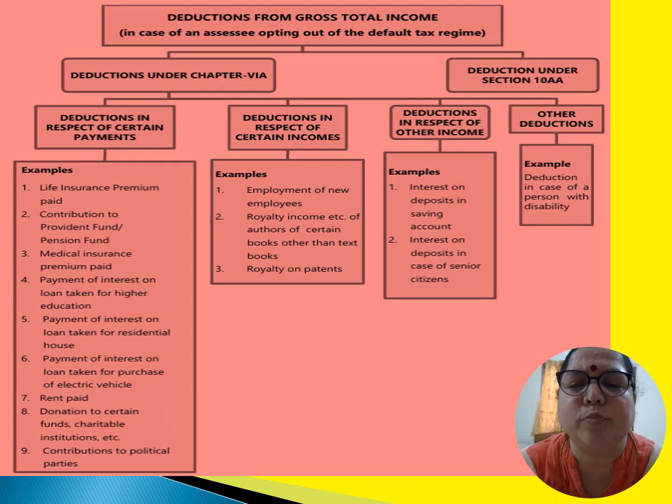Then deduction in respect of other income. Examples may be interest on deposits in savings account, interest on deposits in case of senior citizens. These are deductions in respect of other income under chapter 6A. Then other deductions are deduction in case of a person with disability. Again, this is under chapter 6A.